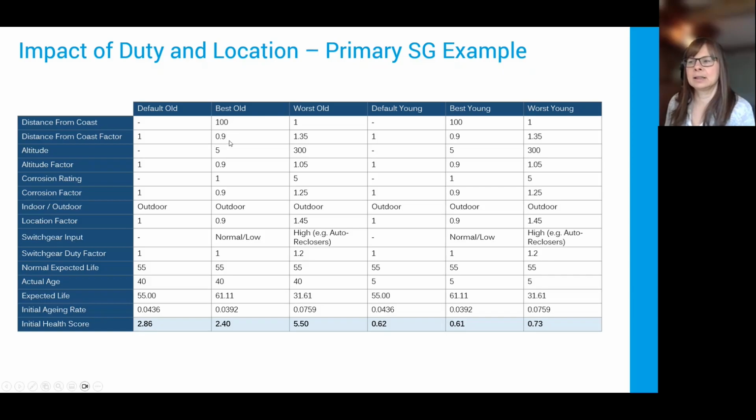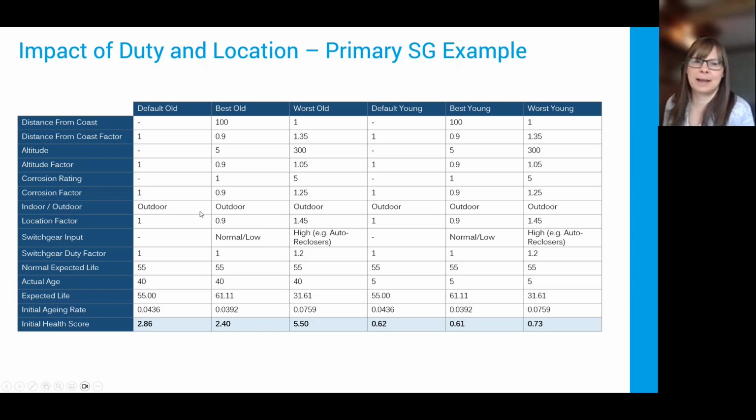If it's best, it's a value below 1. These are the common methodology values, and that will make the initial health better. If it's worse, it's a higher factor, used as a multiplier, and that will make the ultimate initial health score worse. I've done that for distance from coast, altitude, and corrosion.